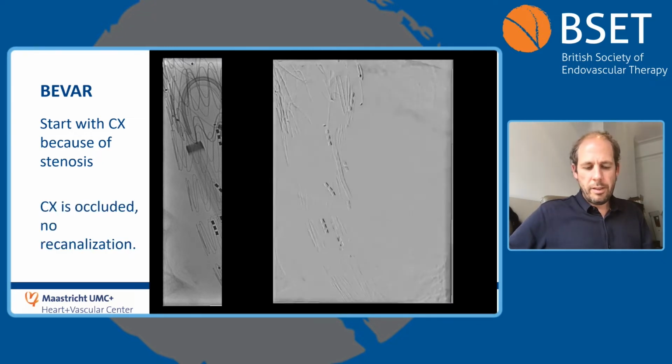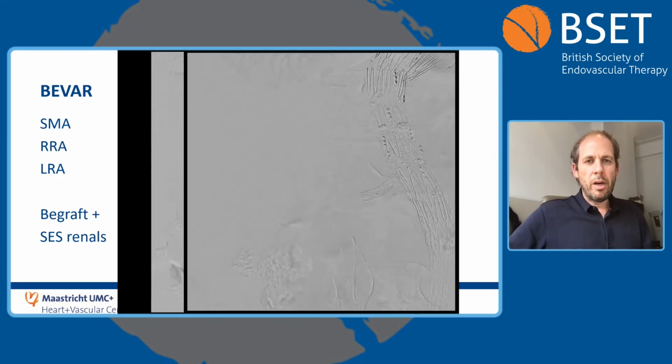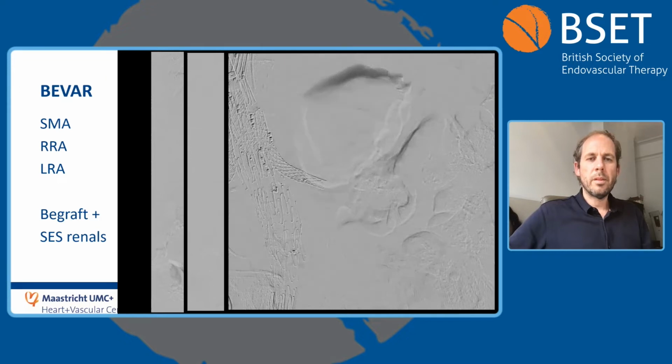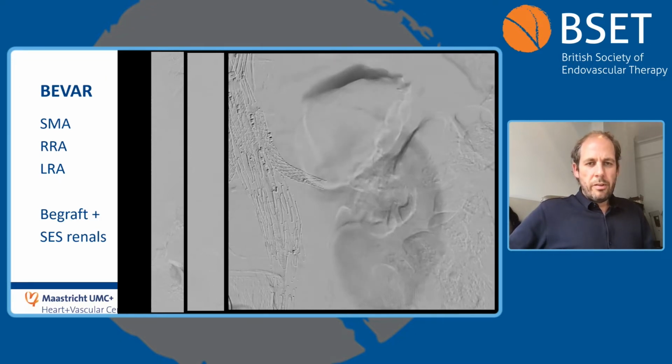We didn't recanalize that. Discussion point for later, maybe. We then went to the SMA. This is the completion angiogram of the SMA, the right renal artery, and the left renal artery, which we both extended with self-expanding stents.